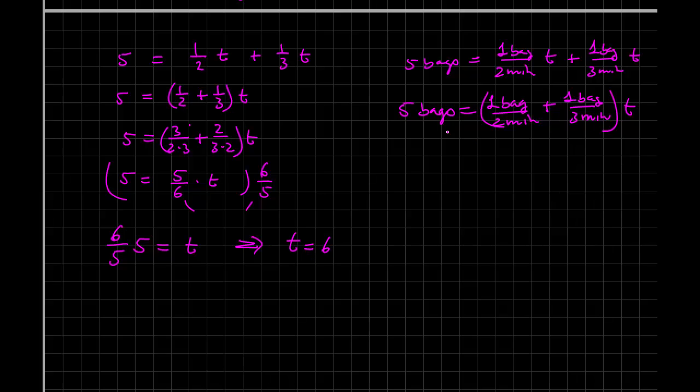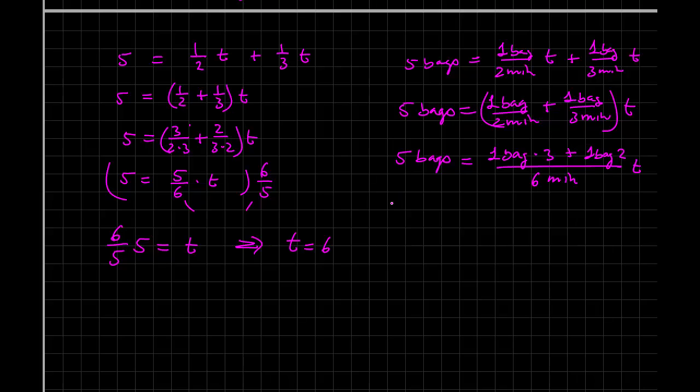So what we should do over here, if I were to combine these on this side, putting it on a common denominator, I would have 1 bag times 3 plus 1 bag times 2, all of that over 2 minutes times 3, which will be 6 minutes, times t.